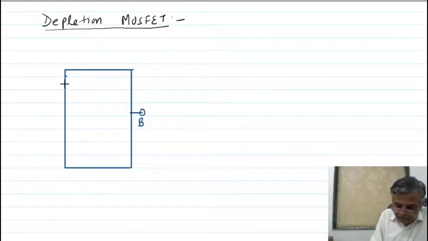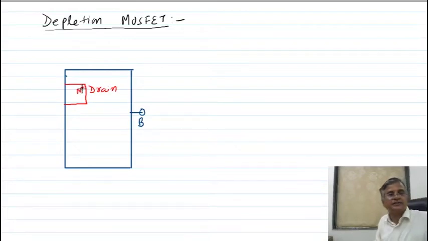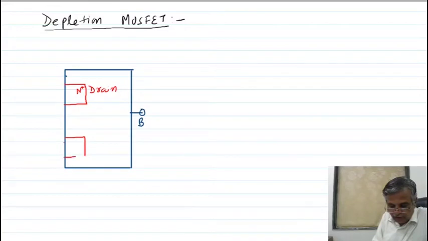Here there is one block. This block is called drain. It is written N plus, which means heavily doped. This is another block of N type. It is written N plus, and this works as a source.